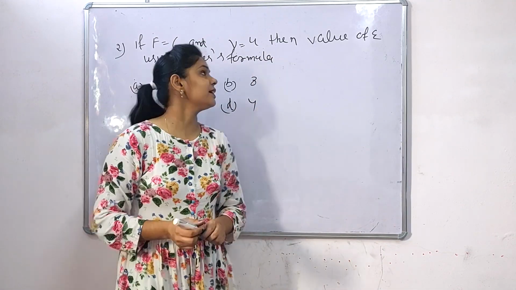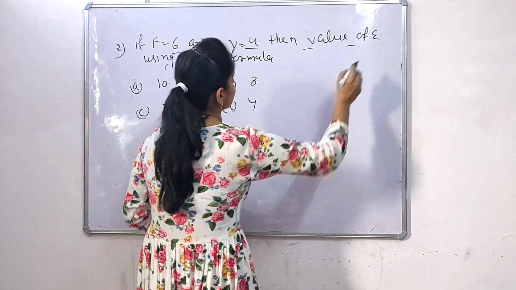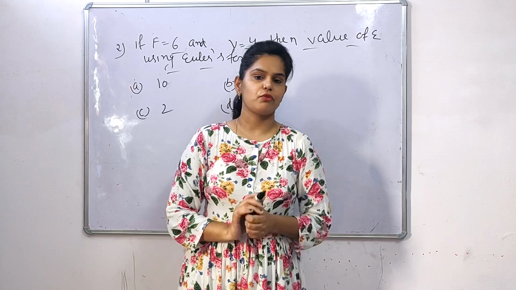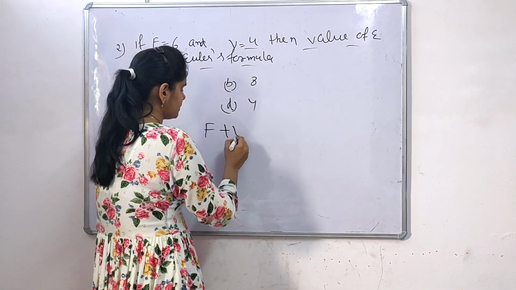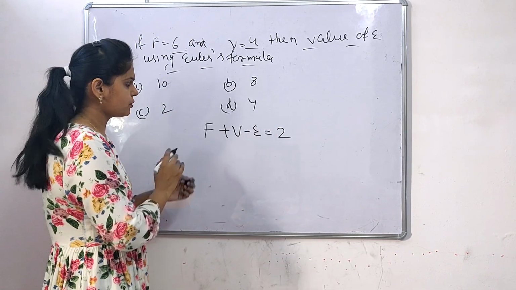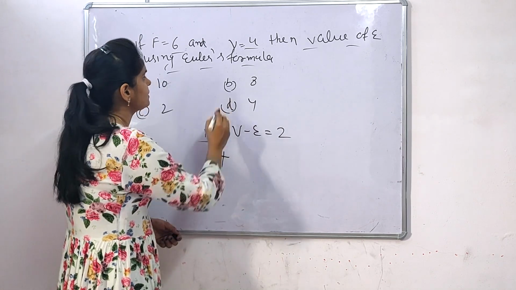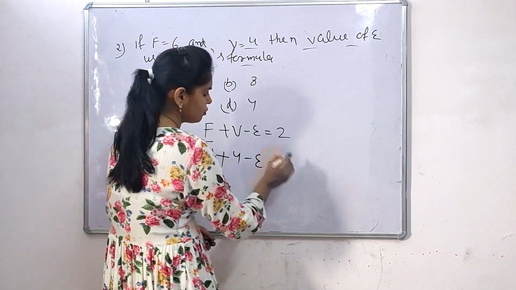This last question is, if F equals 6, V equals 4, then find the value of E using Euler's formula. So you have to find the value of E. So let's take F plus V minus E equals 2. Already we know about Euler's formula. So faces means 6 plus vertices 4 minus E equals 2.